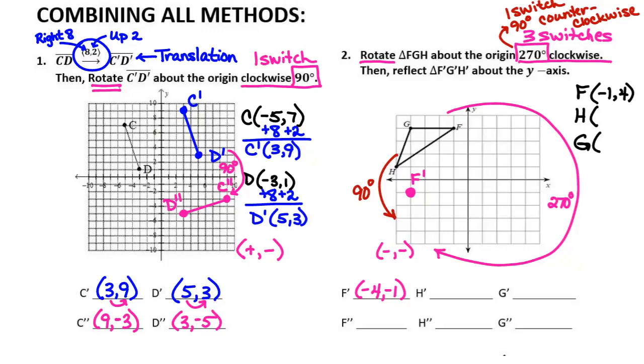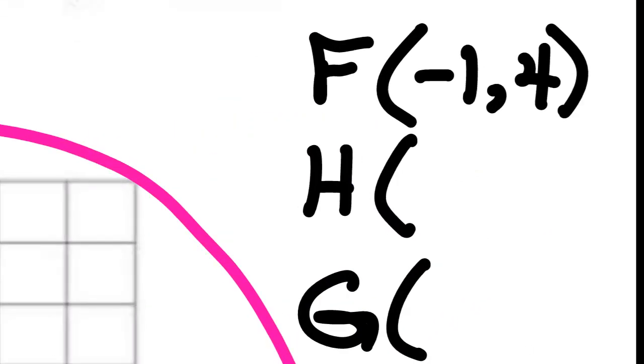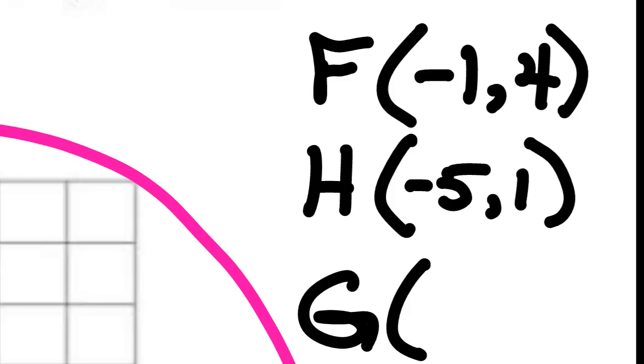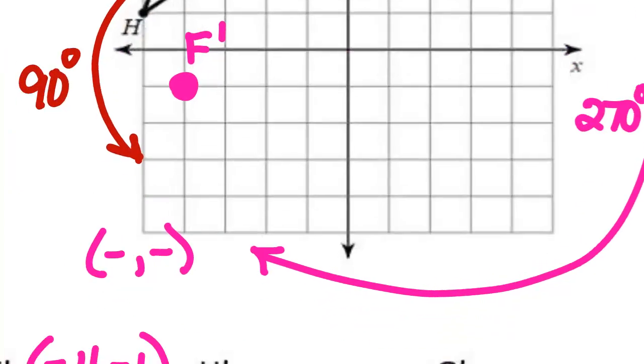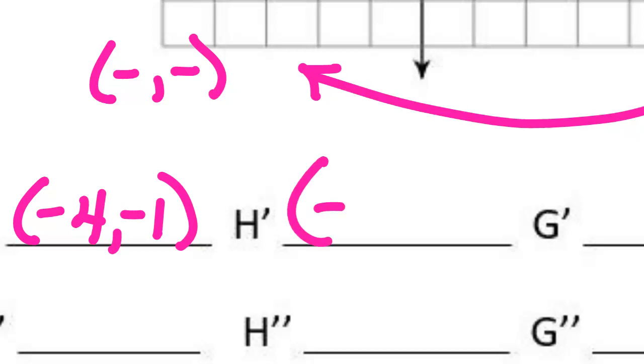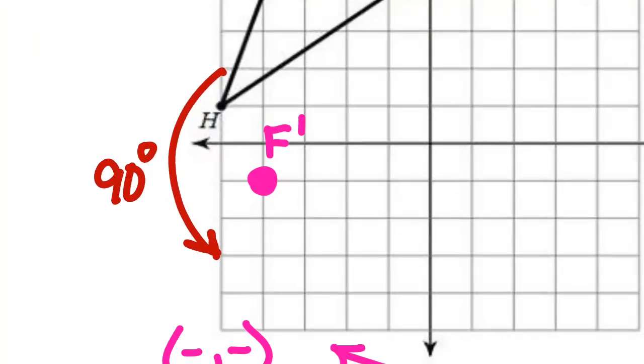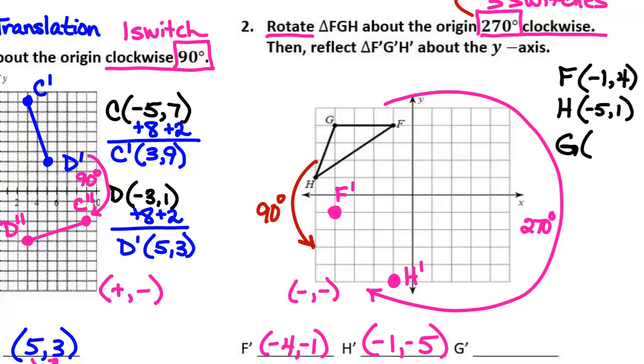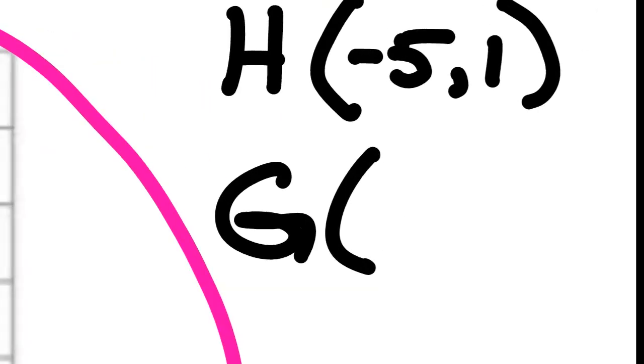Where is point H right now? Negative 5, 1. So where will H prime be? Negative 1, negative 5. So negative 1, negative 5 right here. There's my H prime. And where is point G right now?